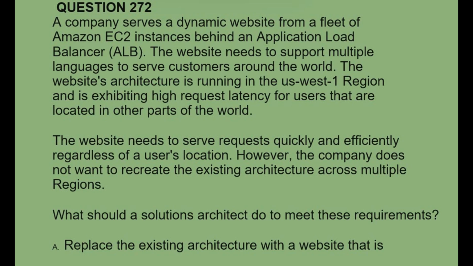The website needs to serve requests quickly and efficiently regardless of a user's location. However, the company does not want to recreate the existing architecture across multiple regions. What should a solutions architect do to meet these requirements?